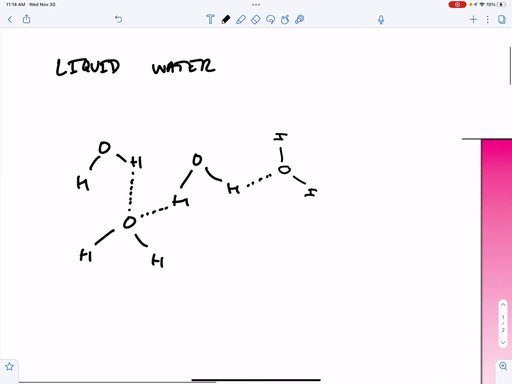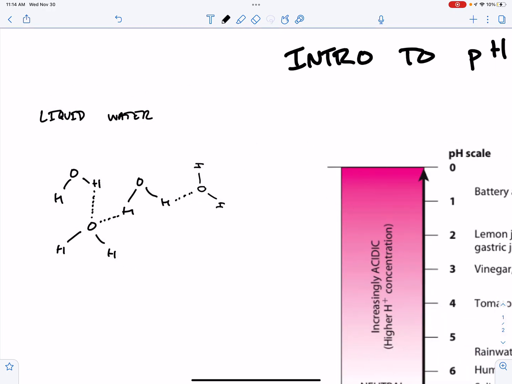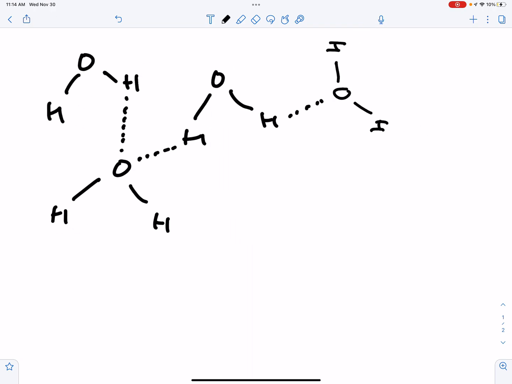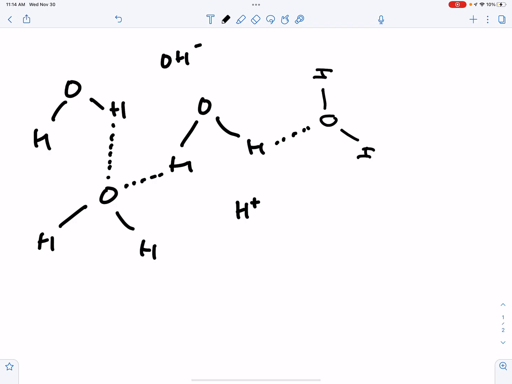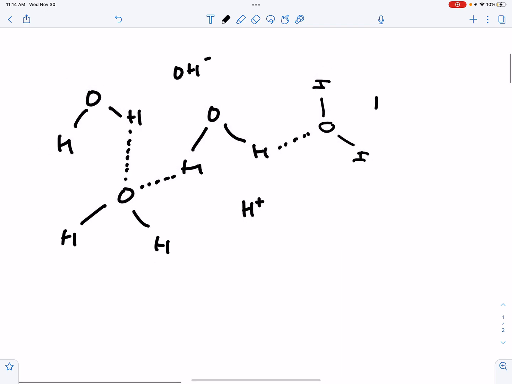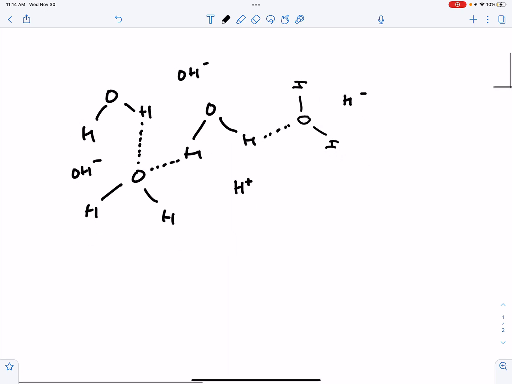Something that we haven't talked about before yet is the idea that also within liquid water are going to be some ions. And these ions are composed of products of water that have broken down into its component functions.